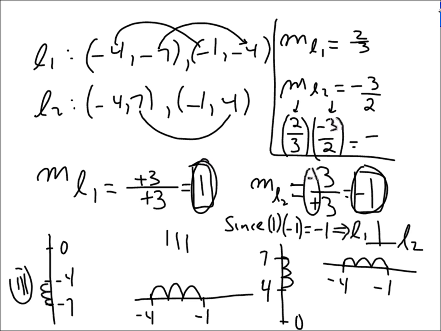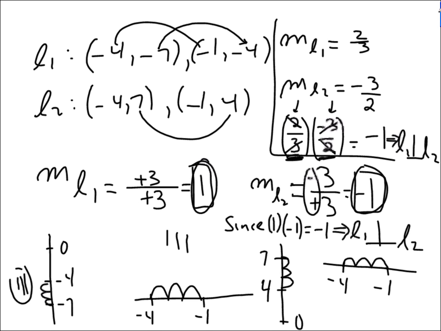Now, ignore signs. The first number, I'm just looking at it as if it's 2/3, and the second number as if it were 3/2. Well, the 3's cancel out, the 2's cancel out to 1, negative 1. This would imply that line 1 is perpendicular to line 2.